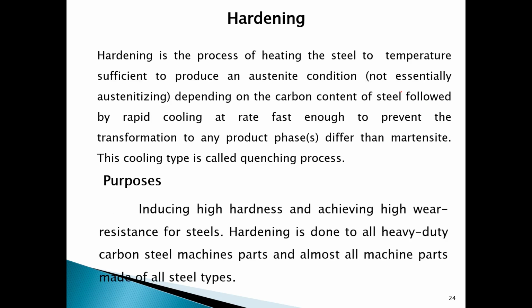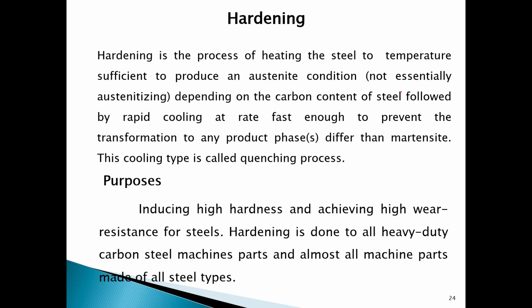Hardening is the process of heating the steel to temperatures sufficient to produce an austenite condition, depending on the carbon content of steel, followed by rapid cooling at a rate fast enough to prevent transformation to any product phase other than martensite. This cooling type is called the quenching process.